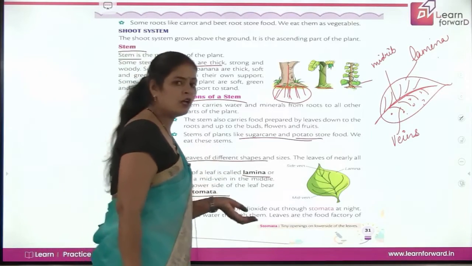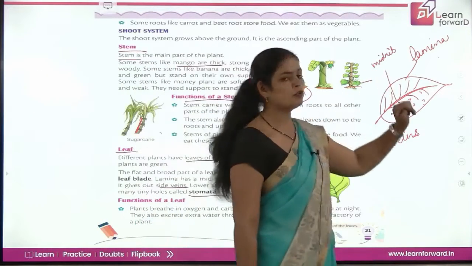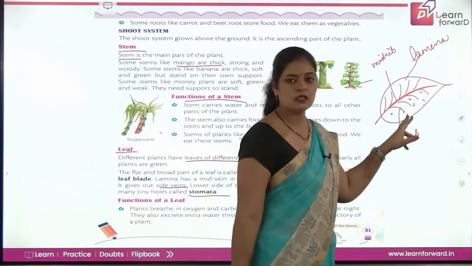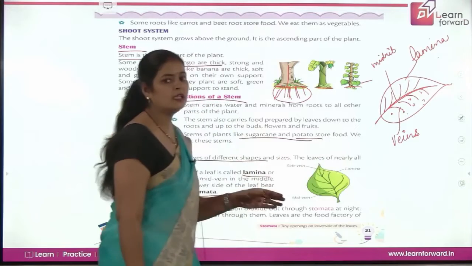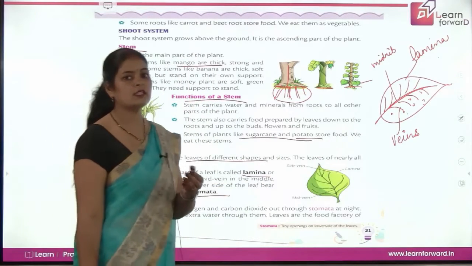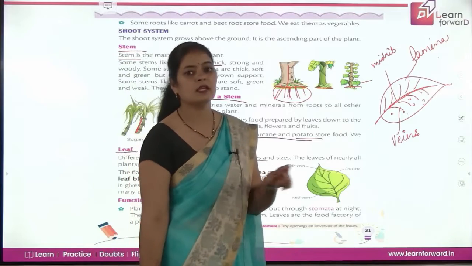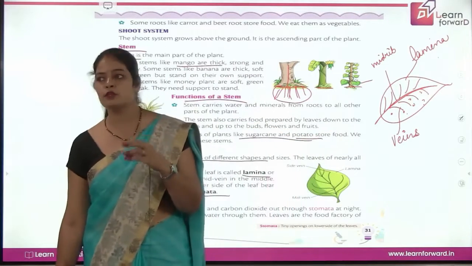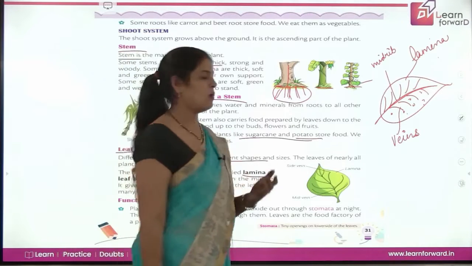The carbon dioxide required for photosynthesis is taken in by these pores, while the oxygen that is created in the process of photosynthesis is given out.